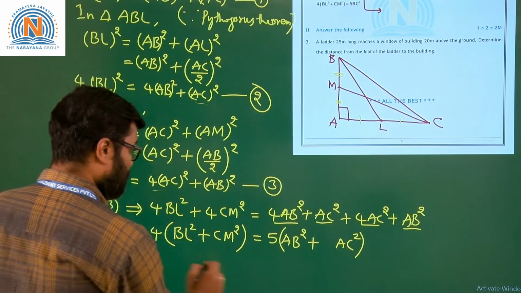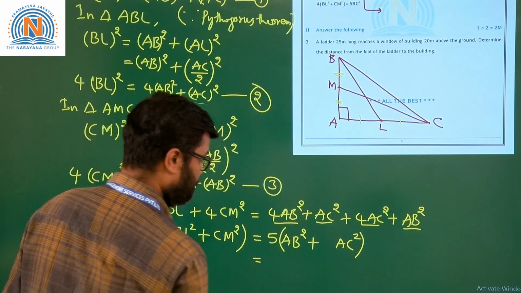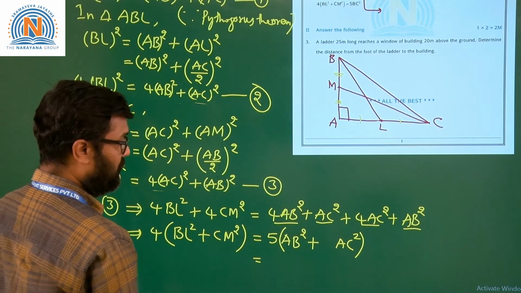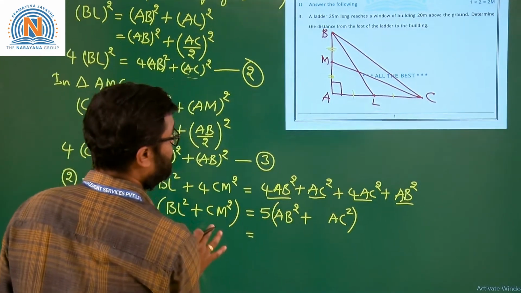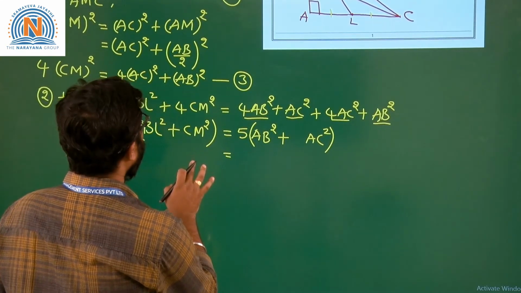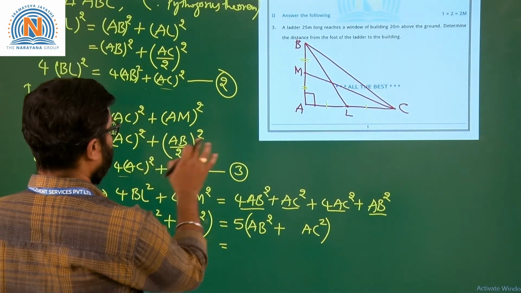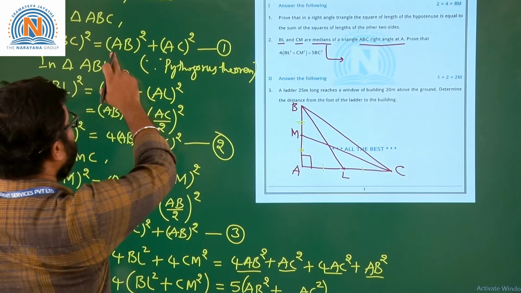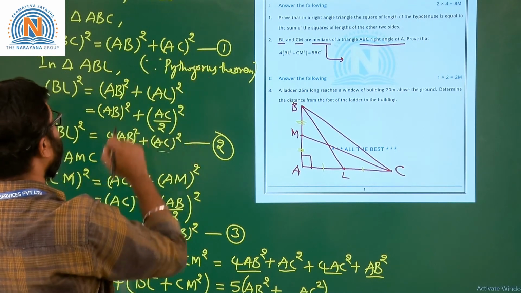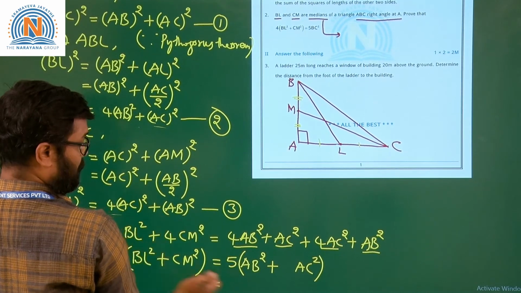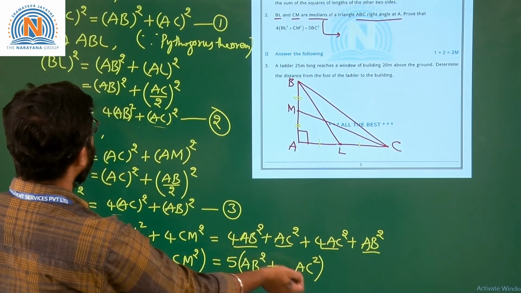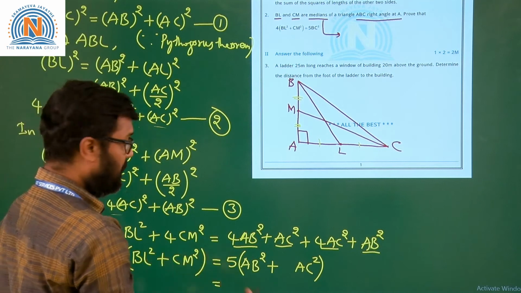So now this equals to what, children? If you observe the first relation, what is the first relation, children? AB square plus AC square is equal to BC square, isn't it? So in place of AB square plus AC square, can I write BC square? I can write.